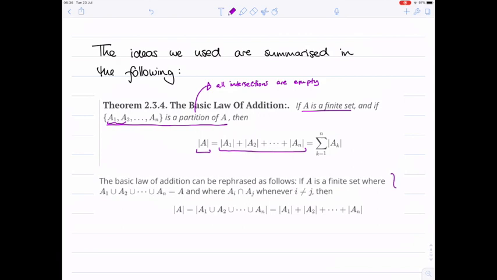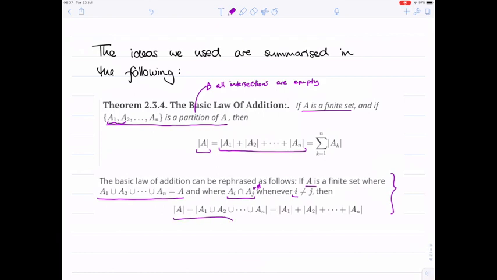So here's just another way of reframing what we just said. We've got A as a finite set divided up into a set of subsets whose union gives us A, and here we're saying our intersections should be the empty set, where Ai intersection Aj is the empty set whenever they're not the same set.